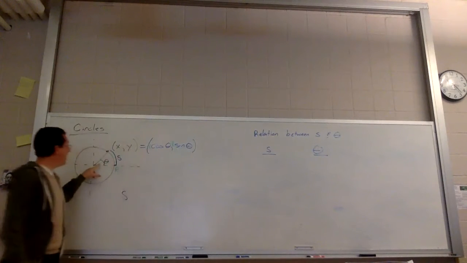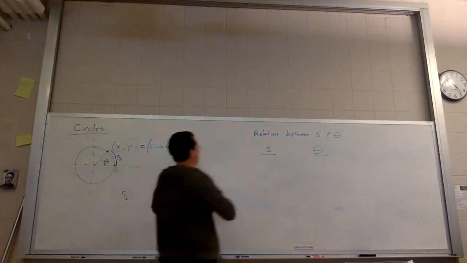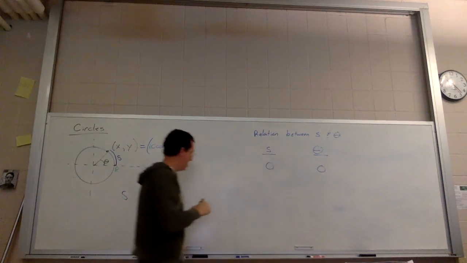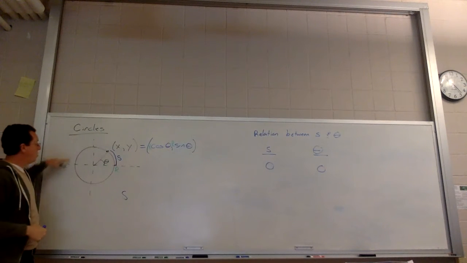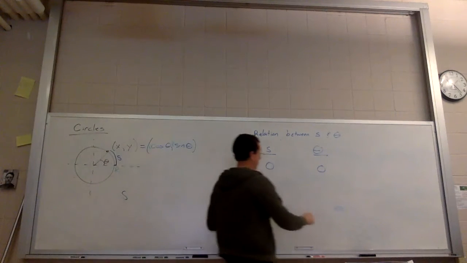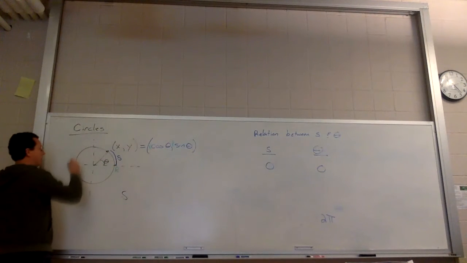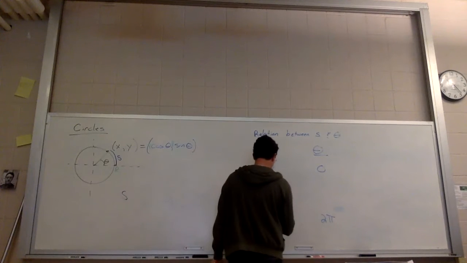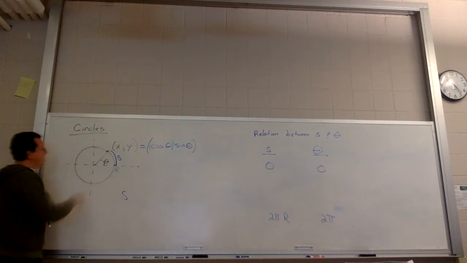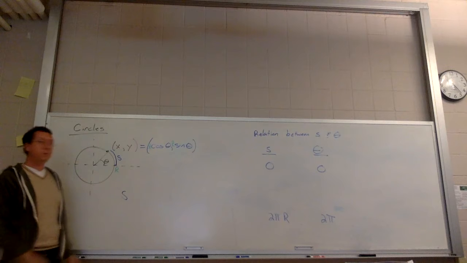If the angle is 0, what's the arc length we get? 0. Nice. If the angle is 2 pi, what is the arc length? 2 pi r. If the angle was only pi, only halfway around, what would the arc length be? Pi r.